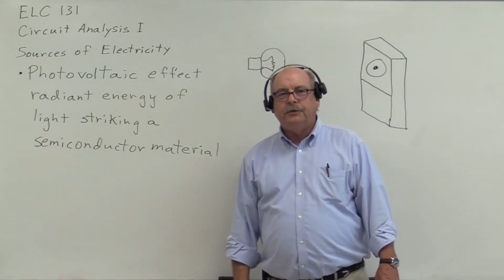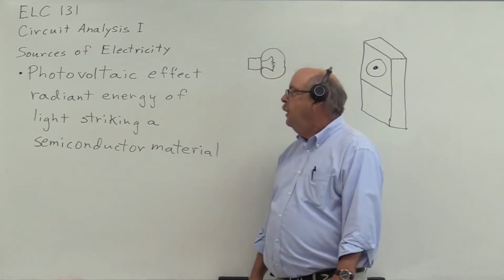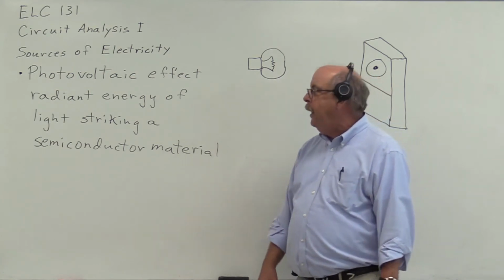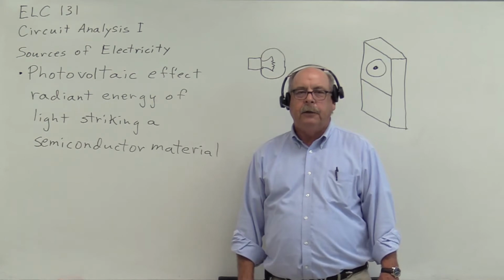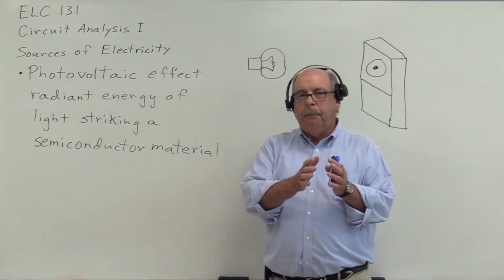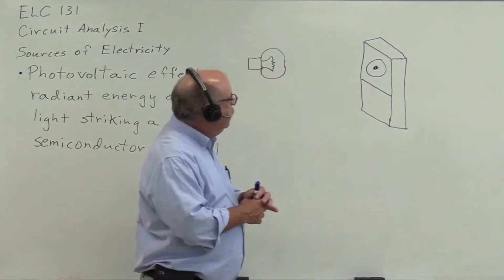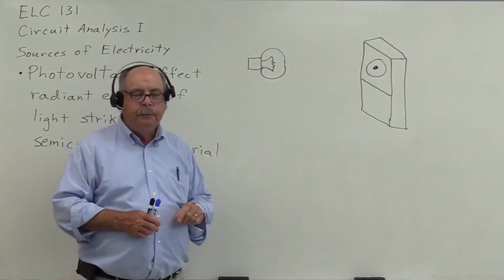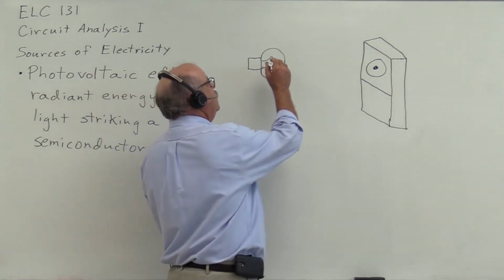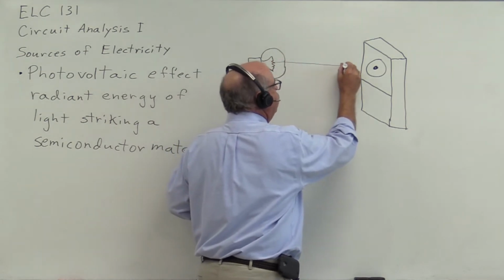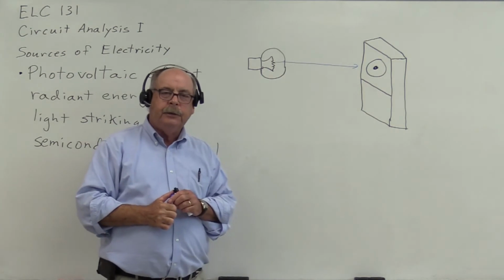So another method of generating electricity is the photovoltaic effect. This is when the radiant energy of light strikes a semiconductor material and it causes electrons to migrate from one region to another. For example, we see here an incandescent bulb, and this incandescent bulb is generating photons, which are particles of light energy.